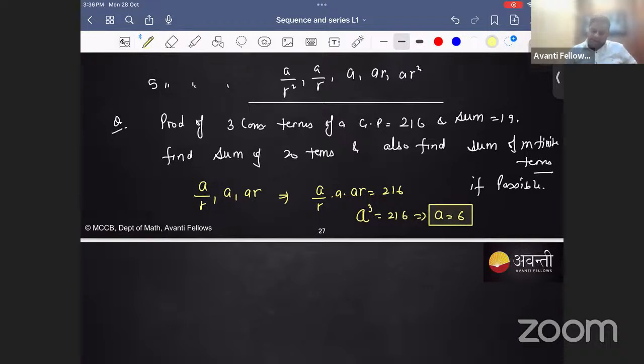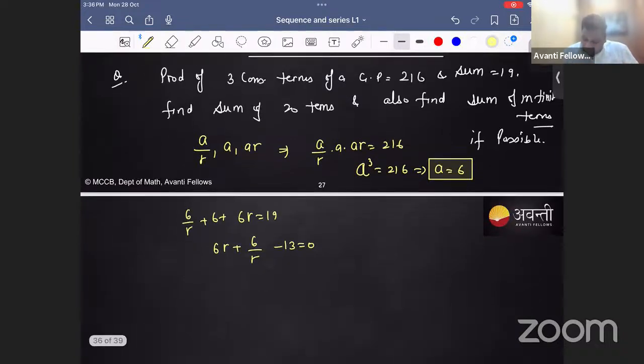Now with A as 6, the sum of these 3 terms, 6 upon R plus 6 plus 6R, is given as 19. So 6R plus 6 by R minus 13 will be 0. Multiplying by R, you get 6R square minus 13R plus 6 equals 0.